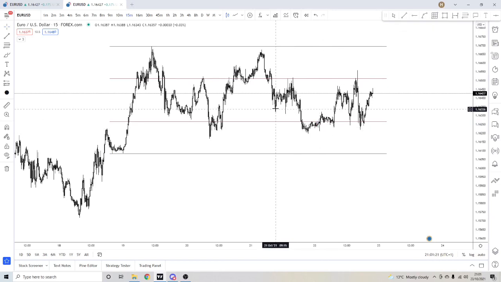At the end of the day, we want to be making money. That's the whole point of this. So if we can start banking profits here and here and here, until we get the breakout and we get some confirmation of what's going to happen, then, you know, we're making money.